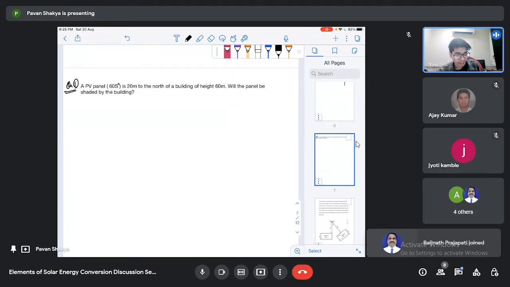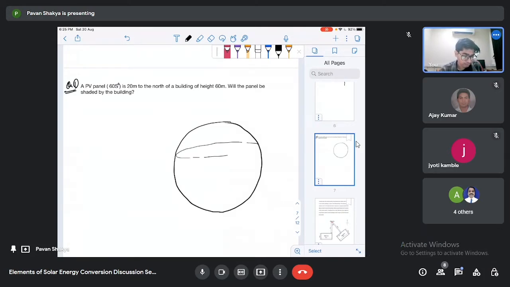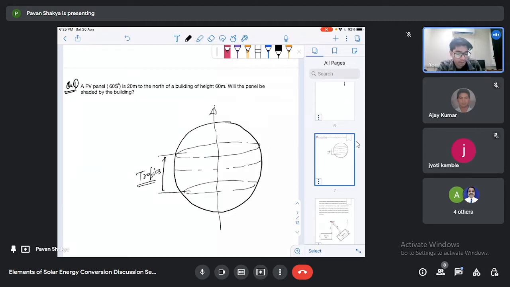As I have also told you earlier, the sun radiates normally only between these tropics. We take this as the north direction and this one as the south direction.